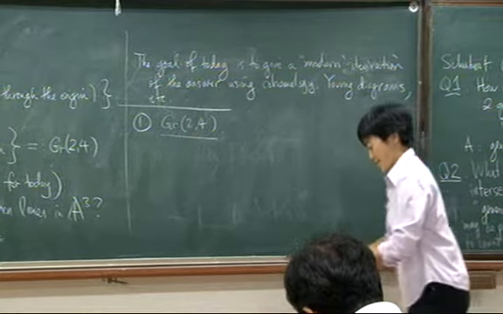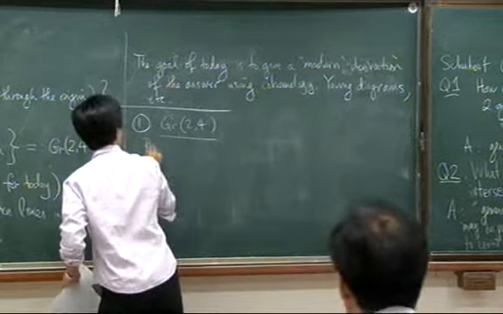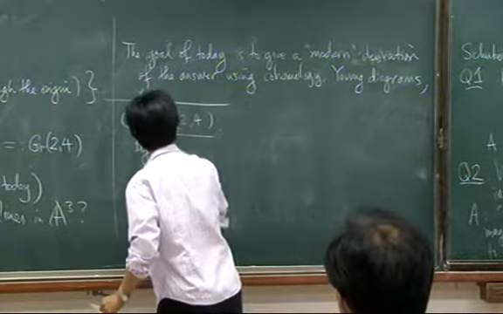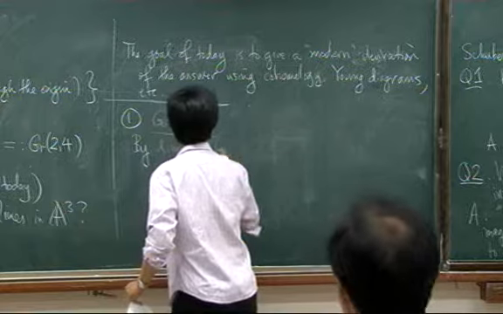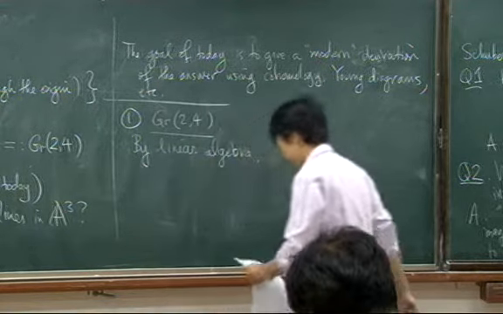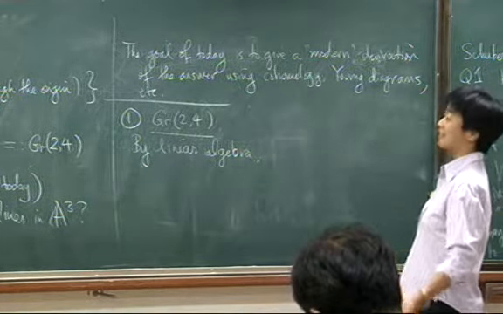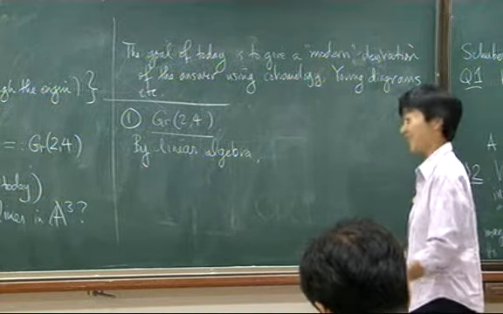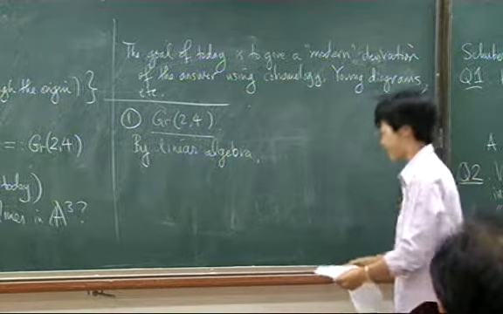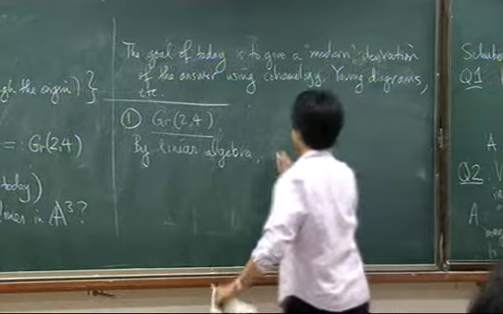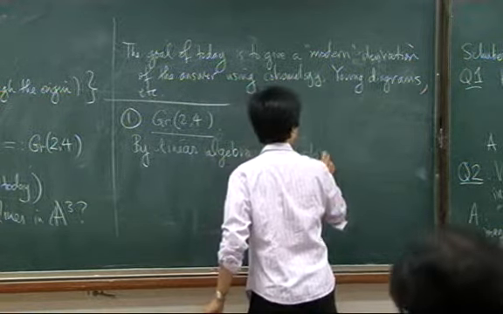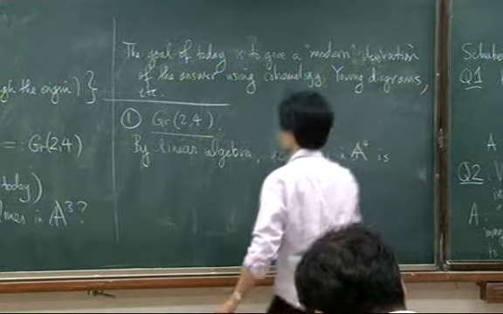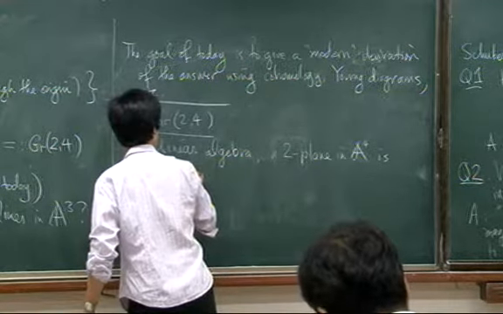Okay, so let's do some elementary things. By linear algebra, I'm looking at 2 planes in A4, so I need 2 vectors that span that plane. Let's write them down in terms of some standard coordinates. A 2 plane in A4 is determined by a basis, of course.